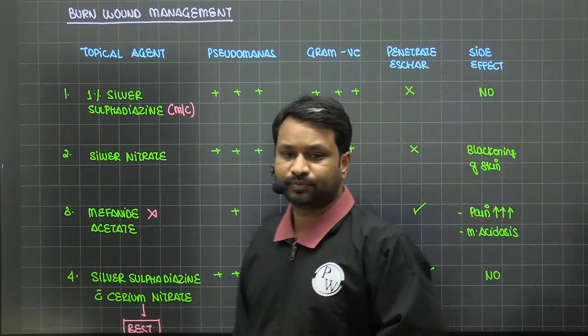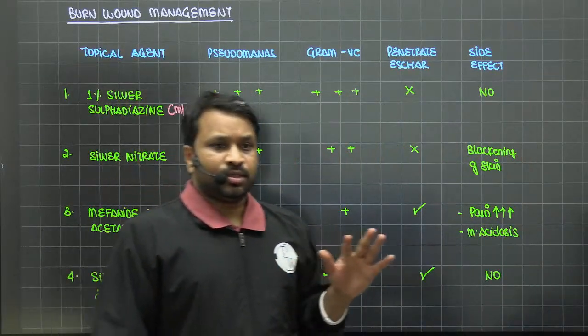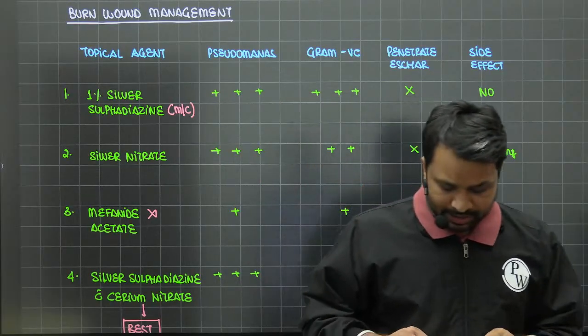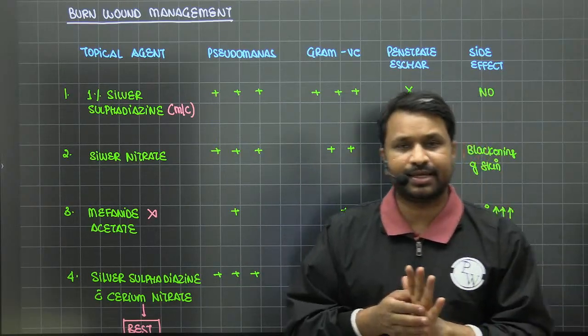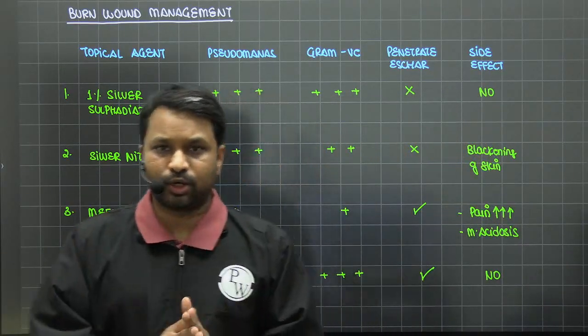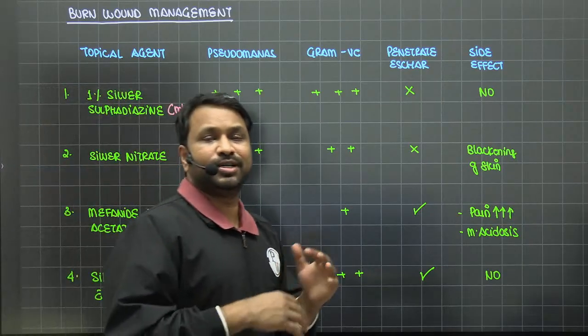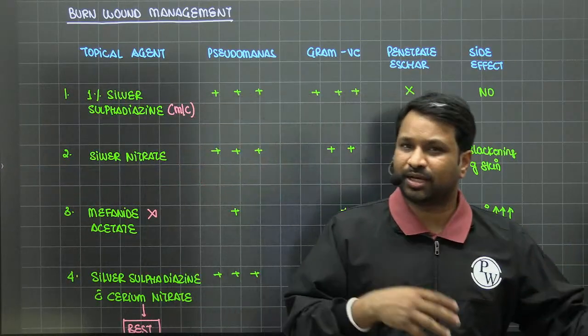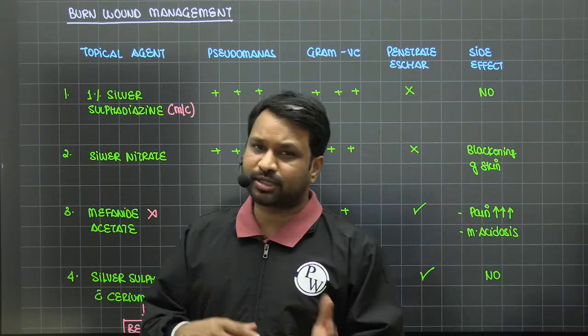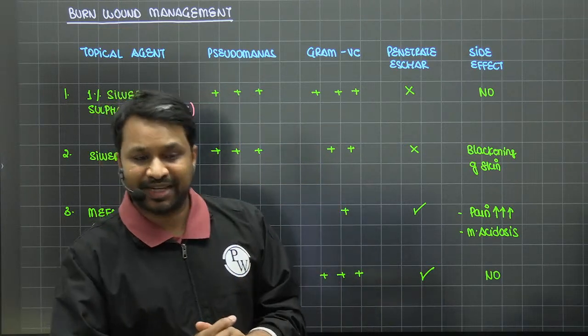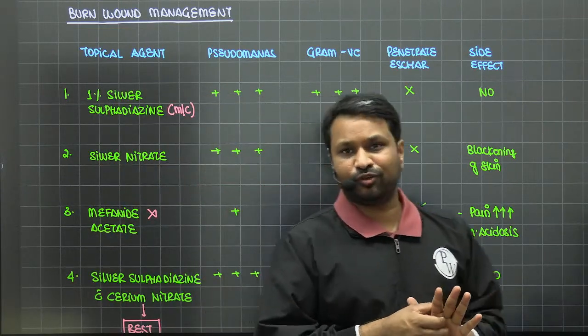Clear? Right? So this completes your entire discussion on burns as well. We spoke about what to look for in burns, how you manage burns, the topical agents, the criteria, fluid resuscitation protocols, crystalloids, colloids, everything we have dealt with in this discussion of burns, right?